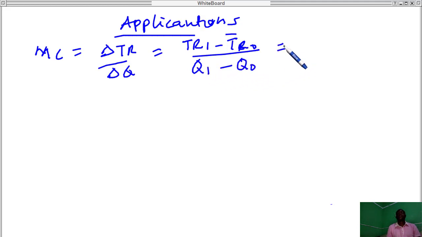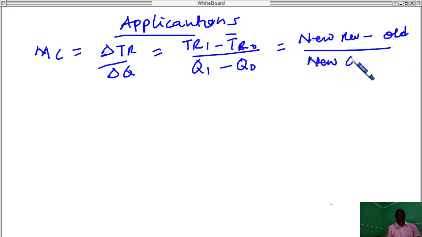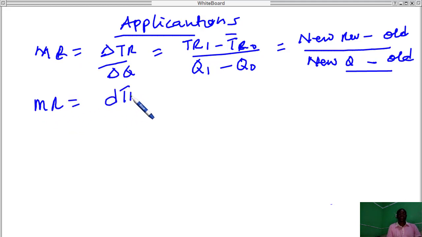It means the new revenue minus old revenue over new quantity minus old quantity, that is the meaning. So in calculus, marginal revenue will be the derivative of total revenue with respect to quantity. This will give us marginal revenue.